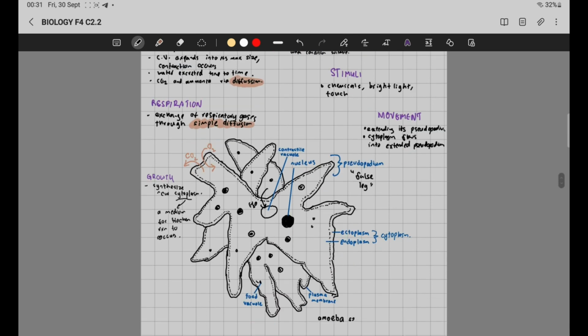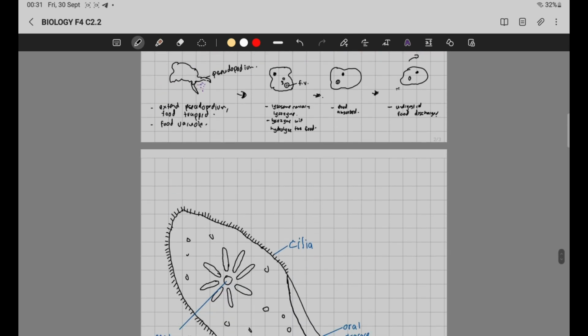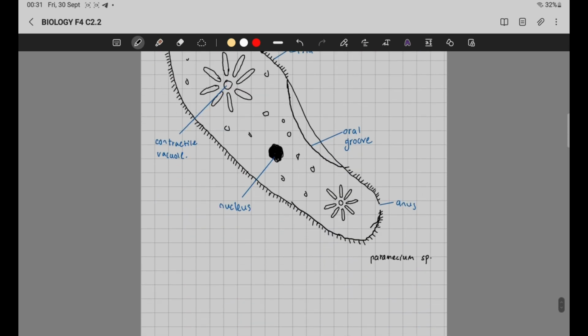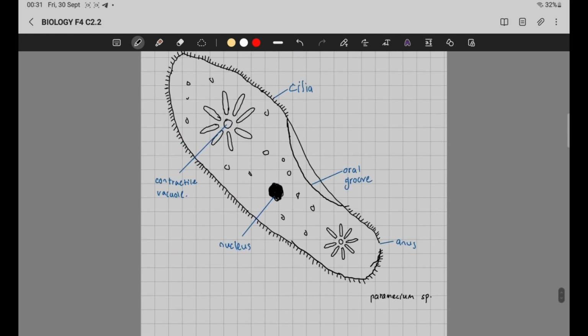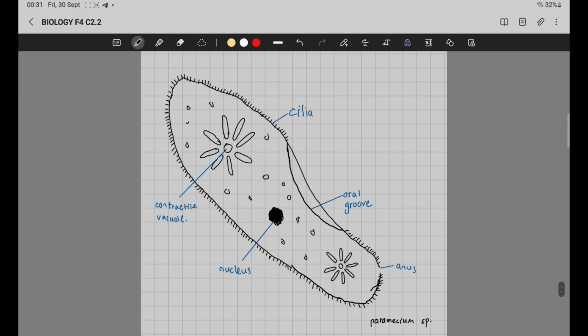Next, let's go into the life processes of another unicellular organism, the famous one, which is the paramecium. You can see it has a sandal-like shape, which, in my opinion, makes it easy to distinguish from other unicellular organisms.